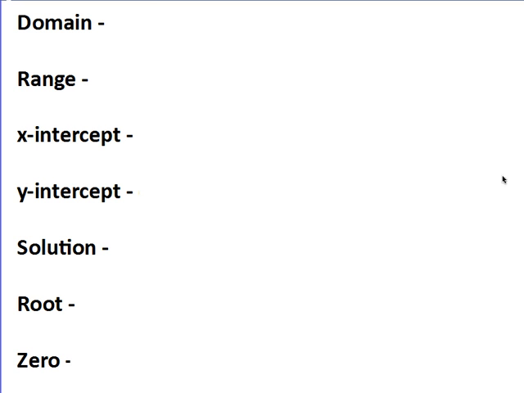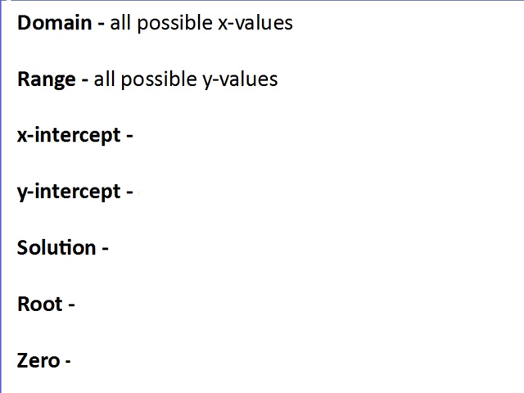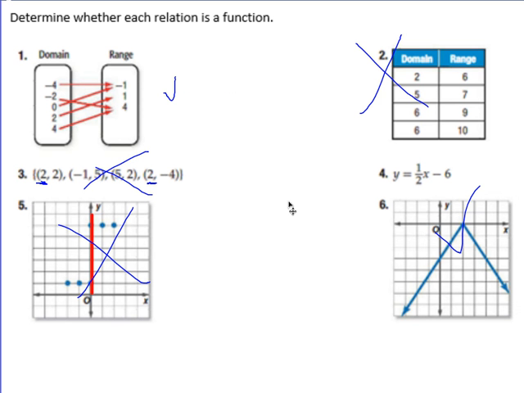With functions you're also going to be asked to find and define these things for each function. So the domain, remember, is all possible x values, and range is all possible y values. If we look at our different representations of functions, domain is x, range is y.